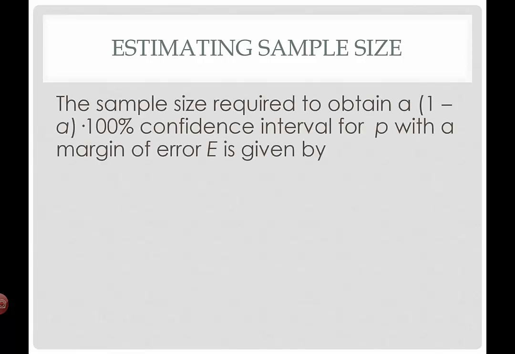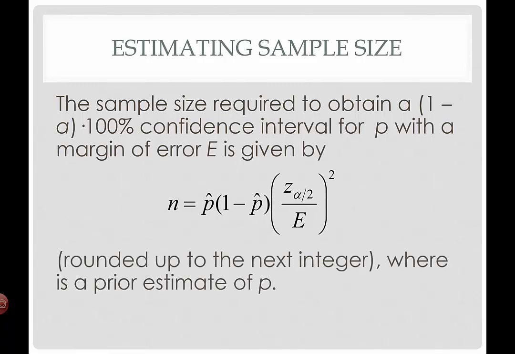We're going to use a formula, where n is our sample size. n equals p hat, which is your point estimate when you're looking at proportions, times 1 minus p hat, times the quantity of your z-score divided by your margin of error, and then that fraction is squared. We'll round up to the next integer, because often you are going to get a decimal, and we need to make sure that we round up.